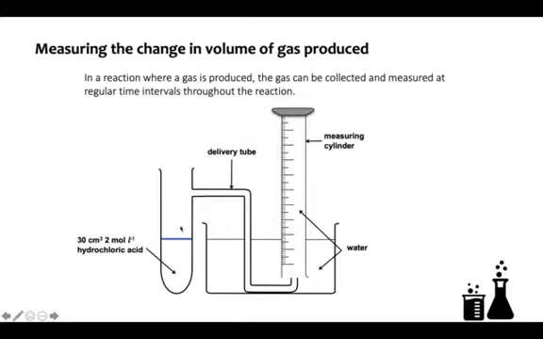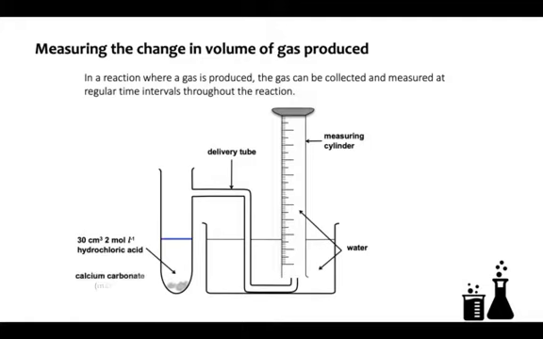If the gas is made in here, it moves all the way up through the tube into the measuring cylinder, where we're able to measure how much gas is being made at regular intervals.